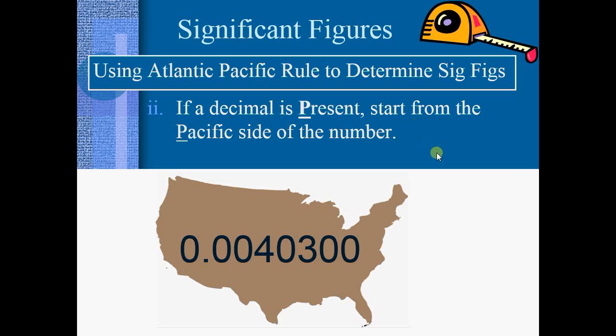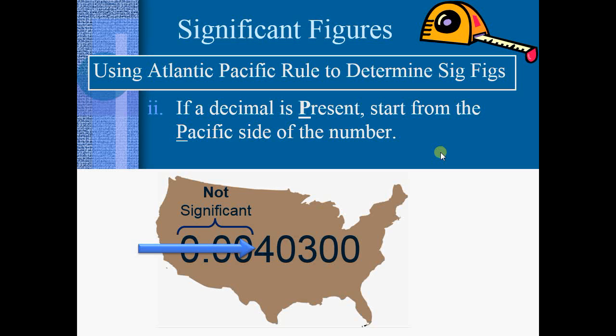side of the number. So imagine you're on the Pacific Ocean and you're cruising through the United States. You're cruising across that number. Well, you're going to cruise through all the zeros and you're going to keep going until you hit a non-zero digit. In this case, I hit the 4. When you hit a non-zero digit, that is going to stop you. Now, all the zeros that you cruised through until you were stopped, those are not significant zeros.